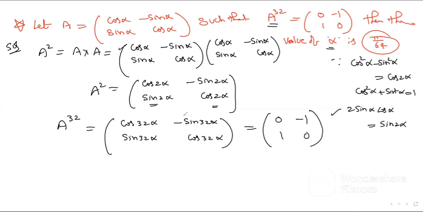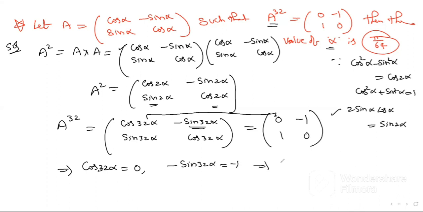Now equating corresponding elements, here cos 32 alpha is equal to 0. Then minus sin 32 alpha is equal to minus 1. Sin 32 alpha value, how much value? Plus 1. So therefore, sin 32 alpha is equal to 1, and cos 32 alpha is equal to 0.